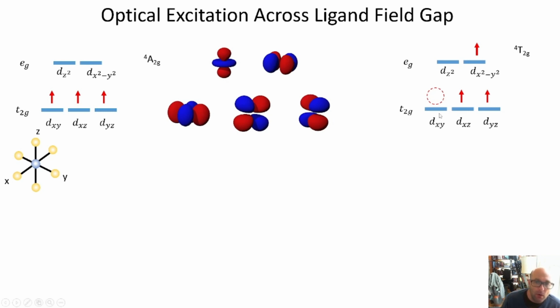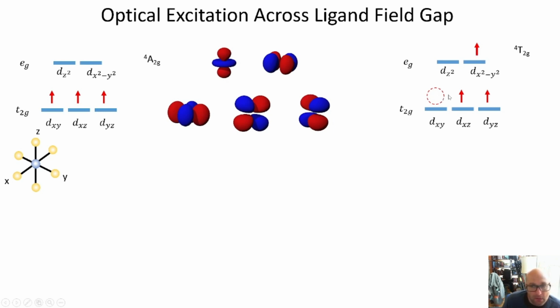And so what we've shown here is the lowest energy excitation if you would, say, start with the dxy electron and ask where's the lowest energy place to put it. The lowest energy place to put it is to keep it as close to itself as you possibly can, and that means put it in the dx squared minus y squared.